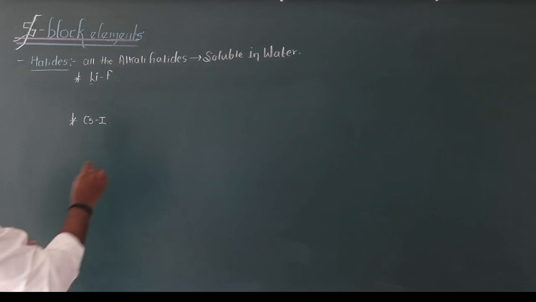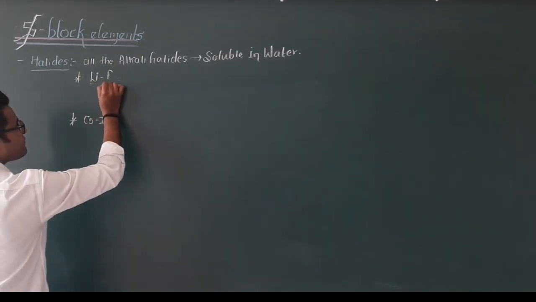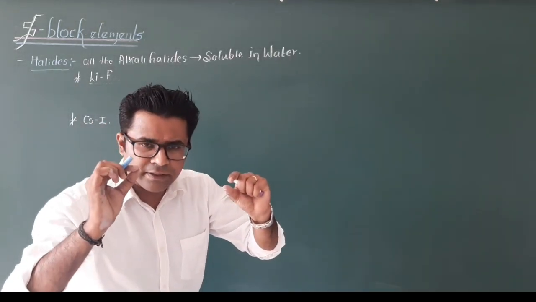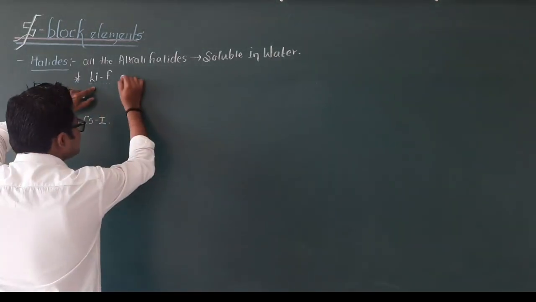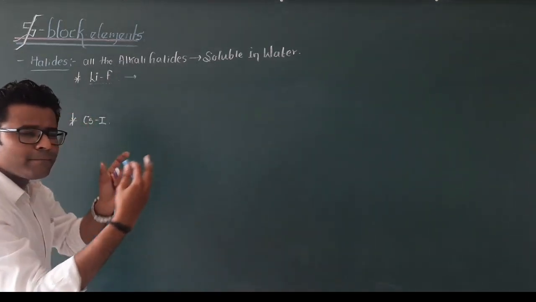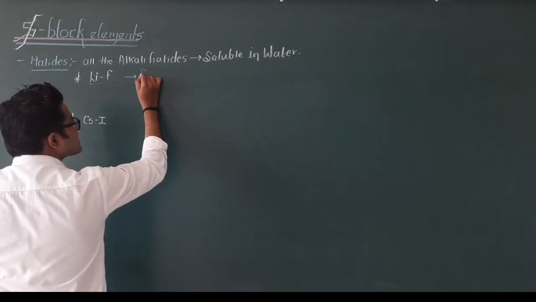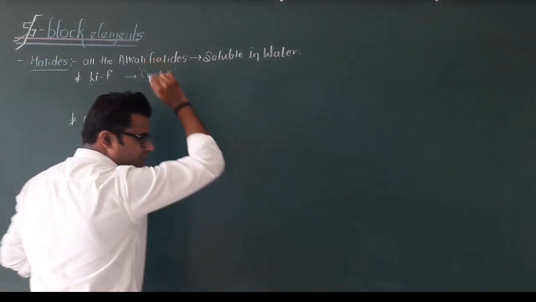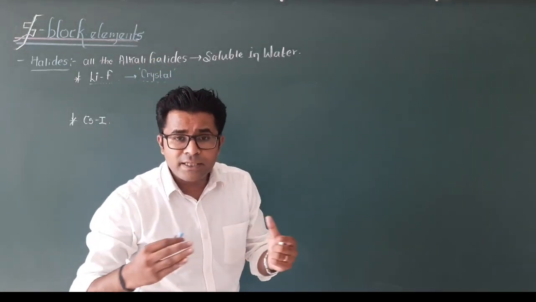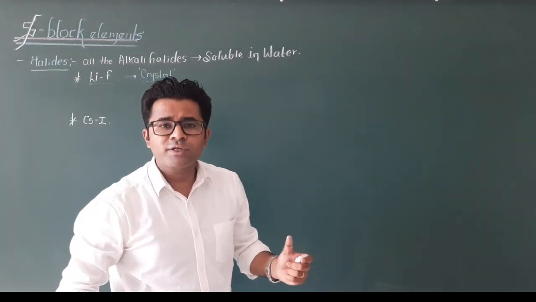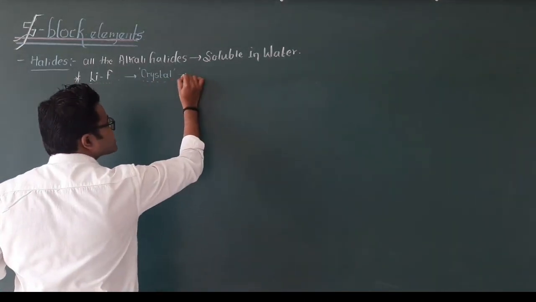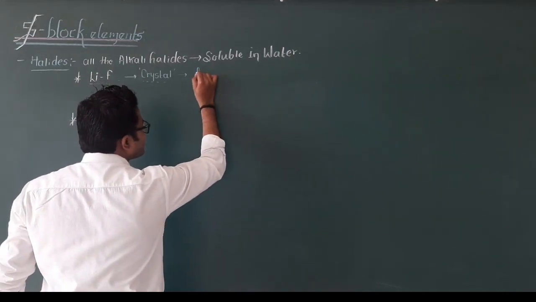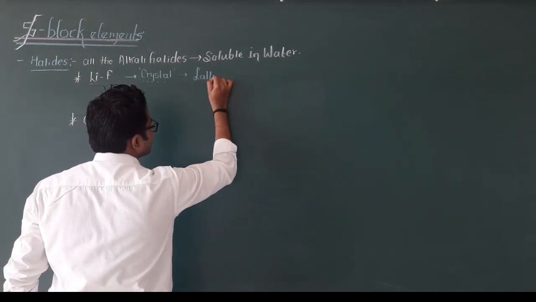So here, when we observe the first case, lithium fluoride: lithium being a smaller ion and fluoride being a smaller ion, when they combine and form the crystal, a lot of energy is liberated. As a lot of energy is liberated, they form a crystal in a very perfect manner. Therefore, we call this energy the lattice energy.